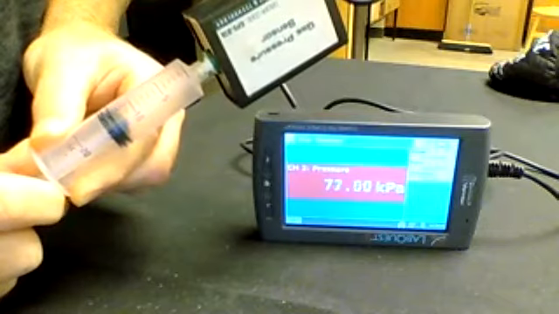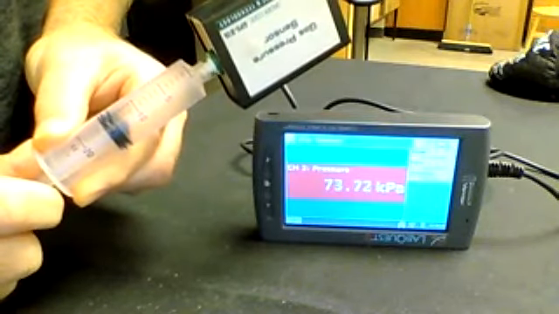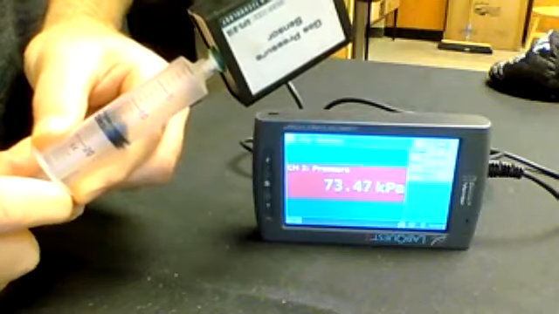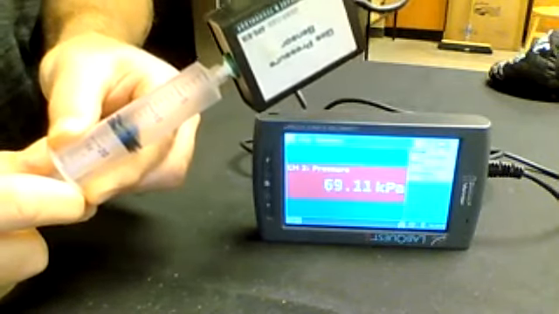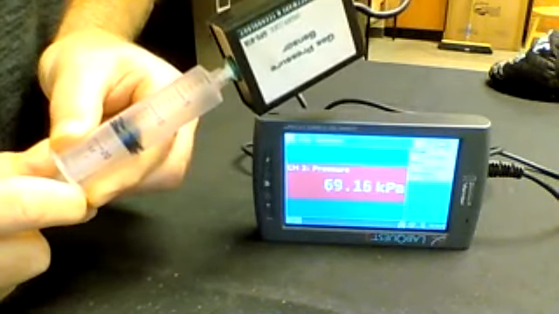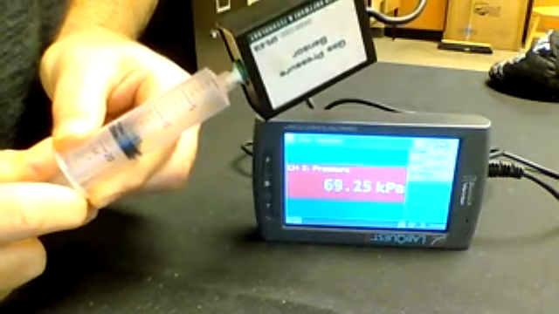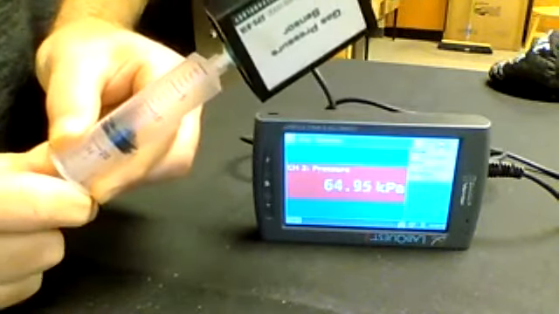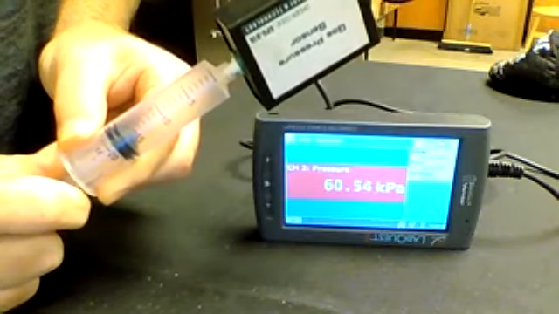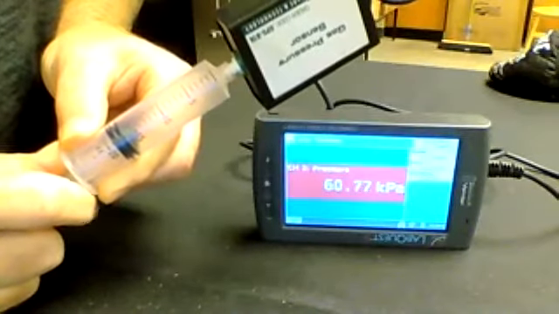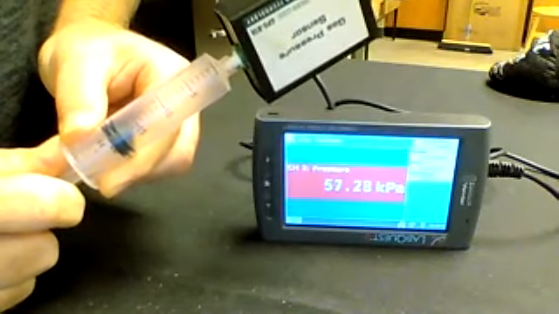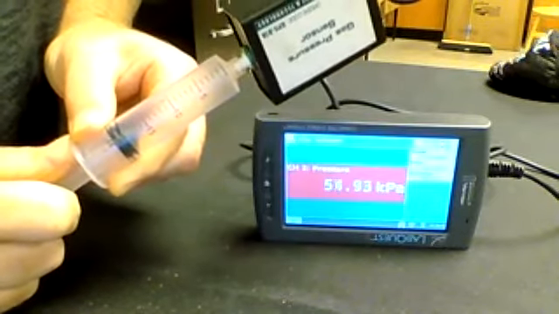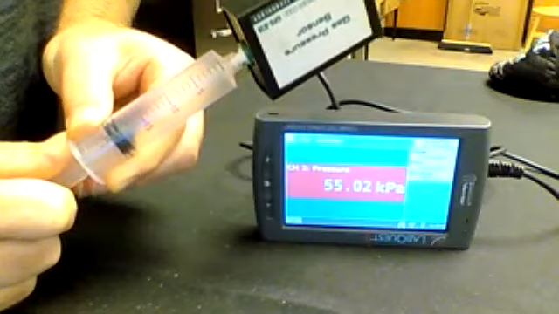Again, I'm rounding on the screen. 14 volume, 73. 15 volume, 69. 16 volume, 65. 17, 61. 18 volume, 57. 19 volume, 55.